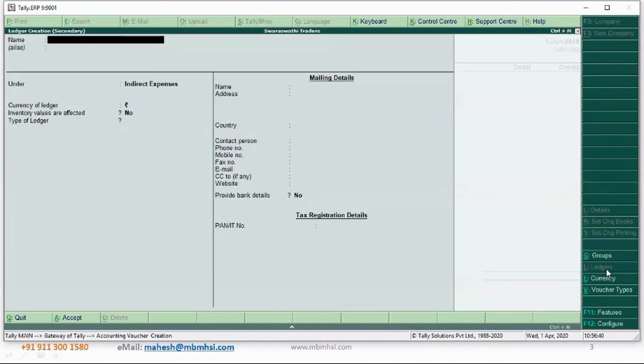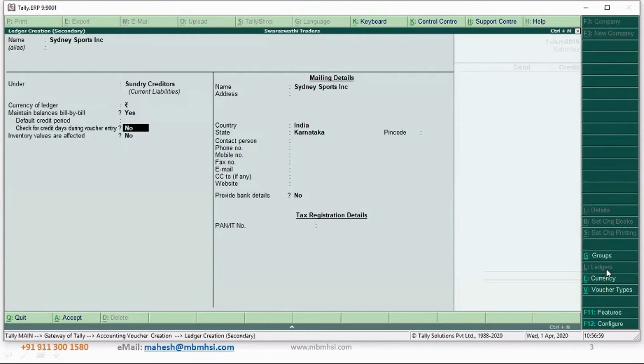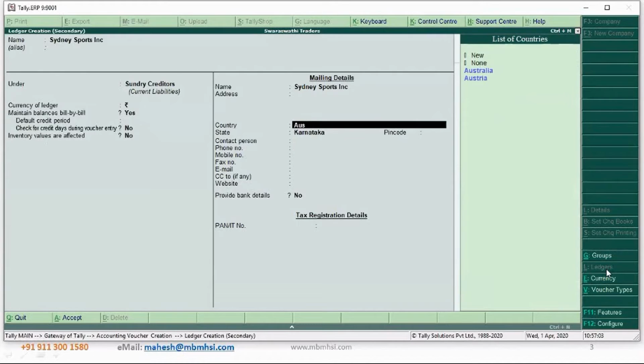Now I'm purchasing from a supplier in Sydney. Okay, so I'll just say Sydney Sports Inc. So I'm purchasing from him, Sydney Sports Inc. They are basically my sundry creditors. Country is Australia.